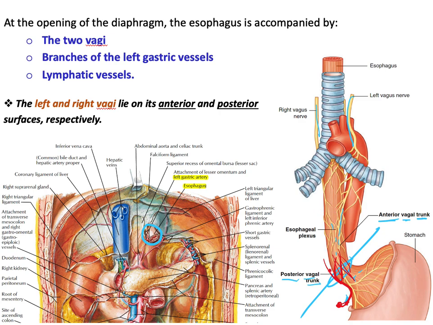So I would like to remind you that in the lower part of esophagus, as you see, the left vagus is now the anterior vagal trunk, and the right vagus, now look, you see the shadow, is posterior, the posterior vagal trunk.